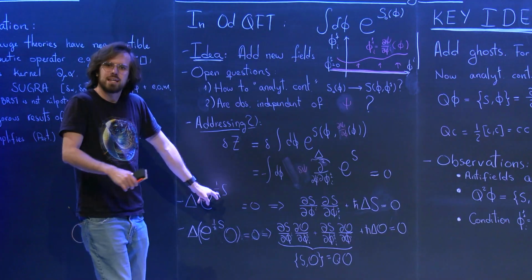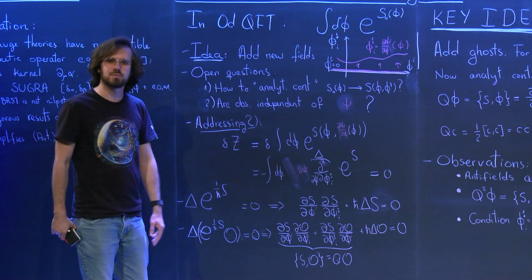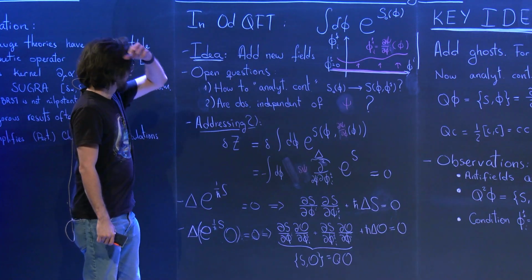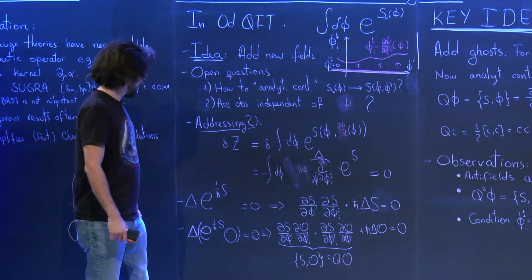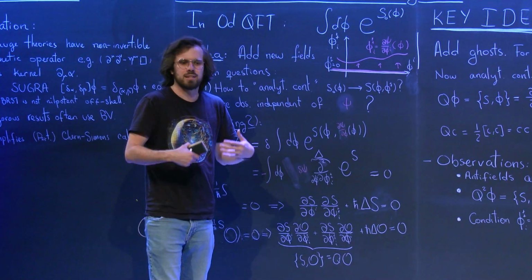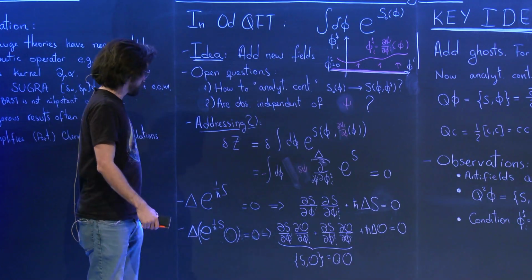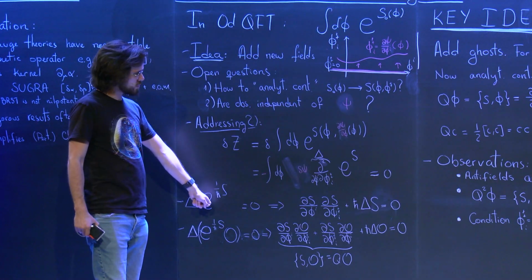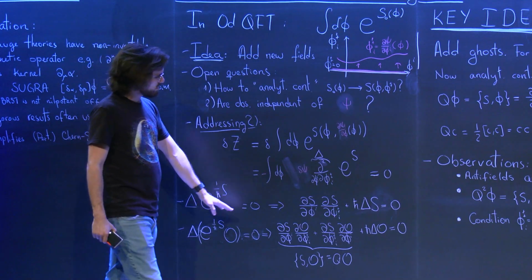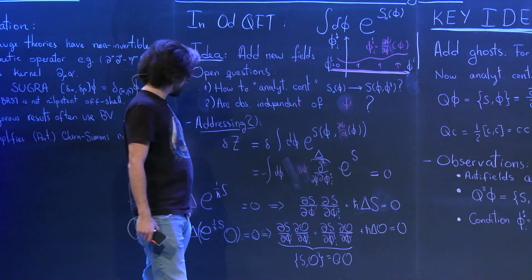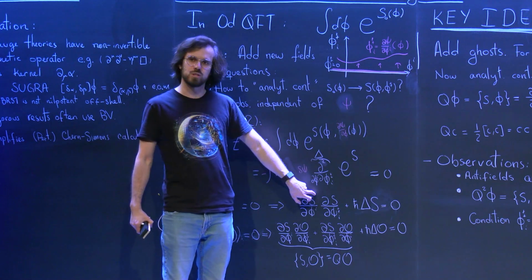I will put in an extra h bar parameter, as is customary in the definition of the measure, just so that we can eventually study things in the classical limit or in some perturbative expansion in h bar. So in any case, if we impose this equation to be true, what we find is that the following must hold. This is a second order operator. It has two derivatives on it.